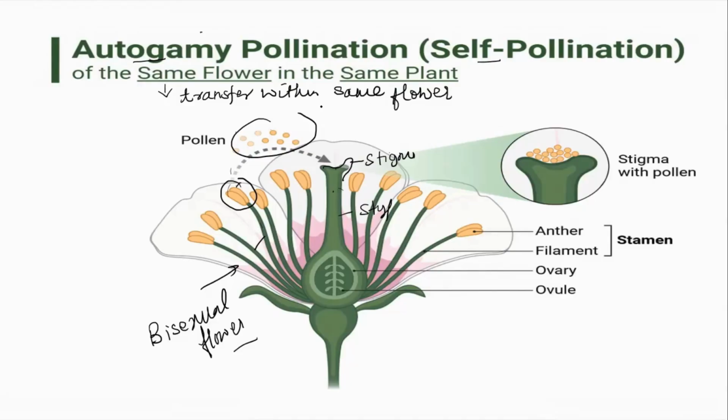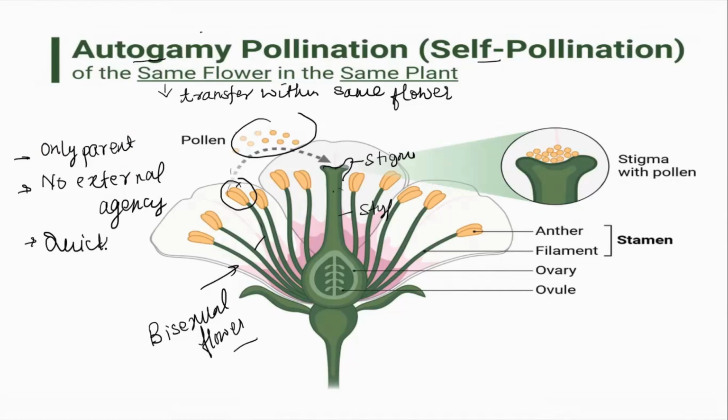Self-pollination has advantages like only one parent involved, no external agency involved, it is quicker, there is less wastage, and it's obviously a sure shot method.